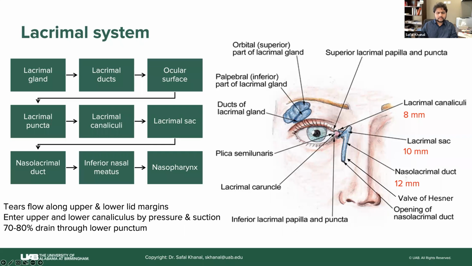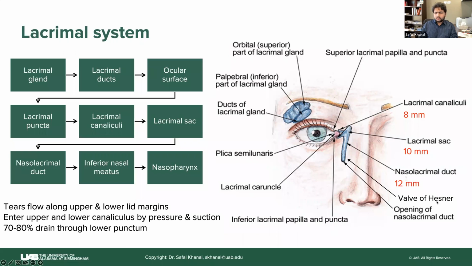From there, on the nasal side, you have your lacrimal puncta, lacrimal canaliculi, your sac. There's a nasolacrimal duct, and then it goes into the inferior nasal meatus, and then to the nasopharynx. Finally, it is mixed with mucus and swallowed.